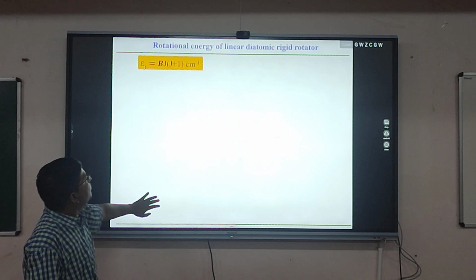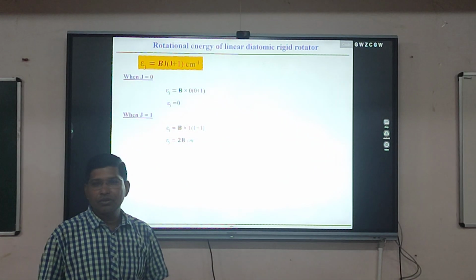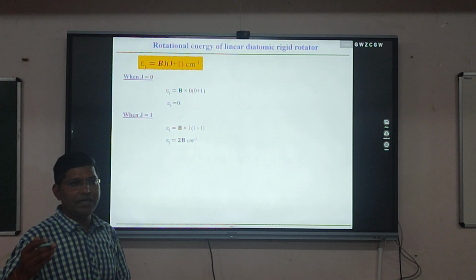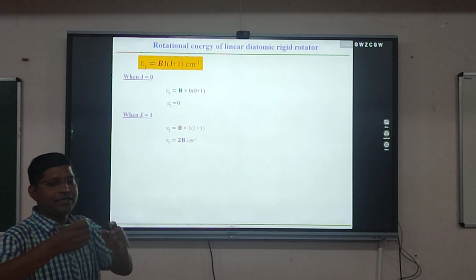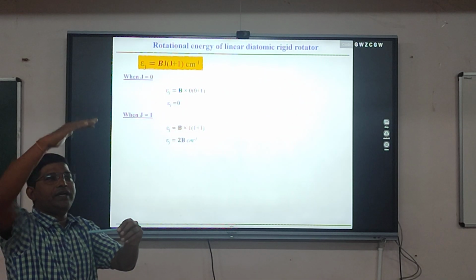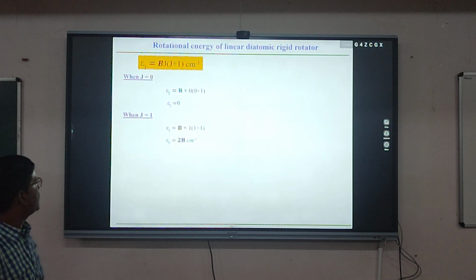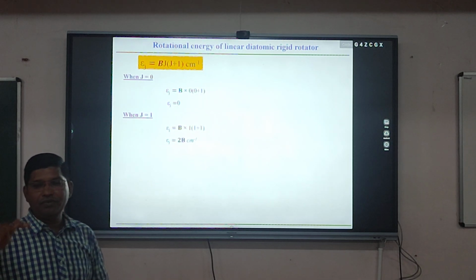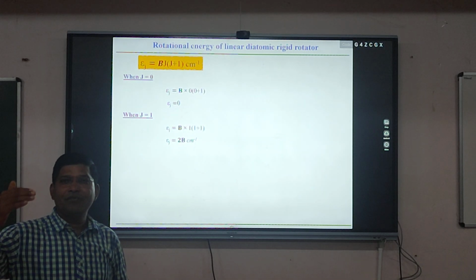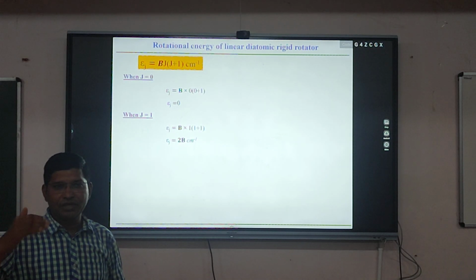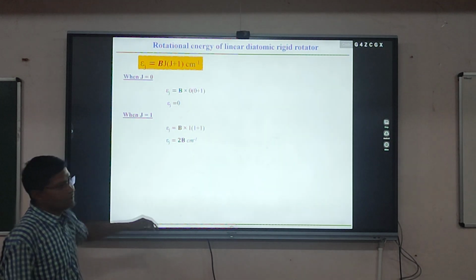Then if you change the value of J, we know that J is the rotational quantum number and it tells the different energy levels in rotational spectroscopy. So when we change the value of J, what will be the energy of the molecule in a different state?